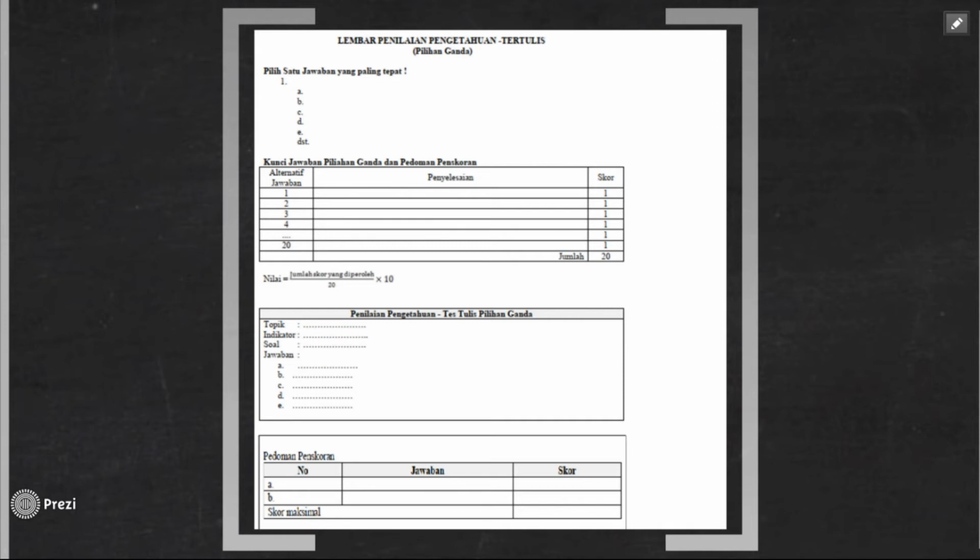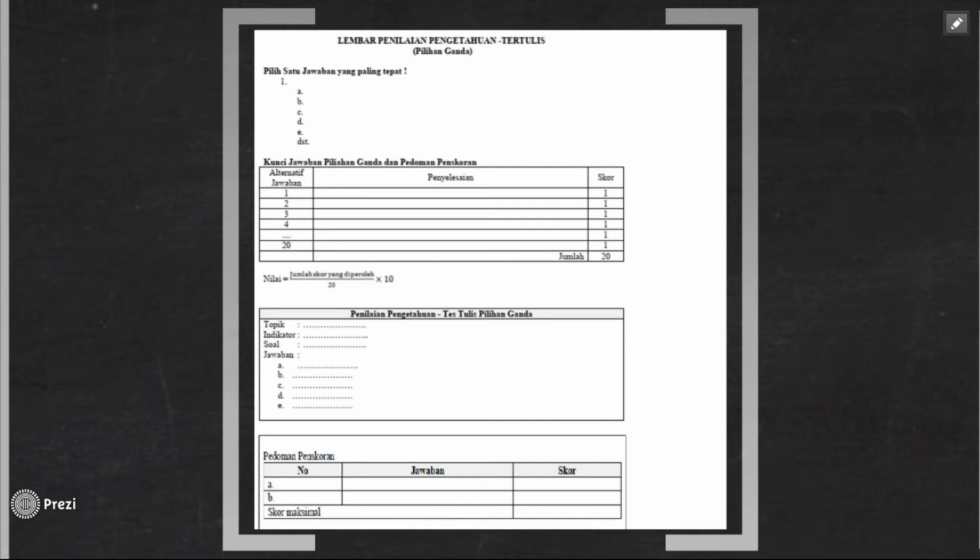And then there are also the topic and then the indicator, and then what the questions are about, and then the answers.